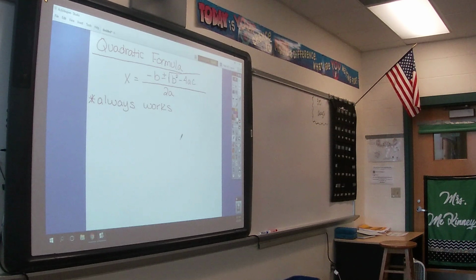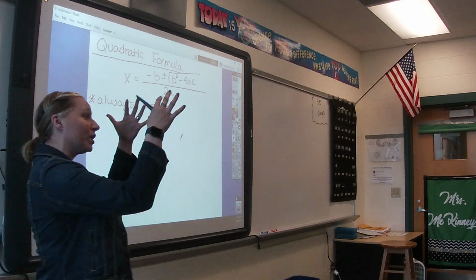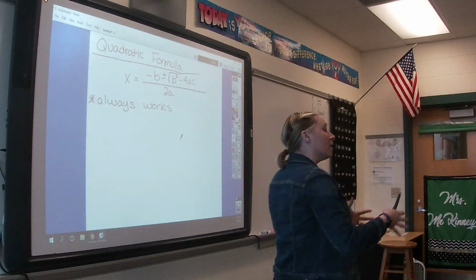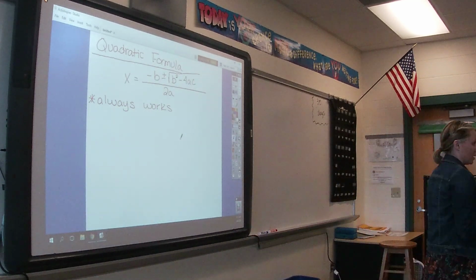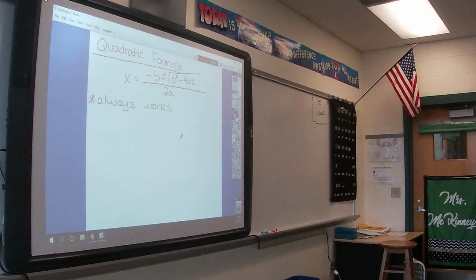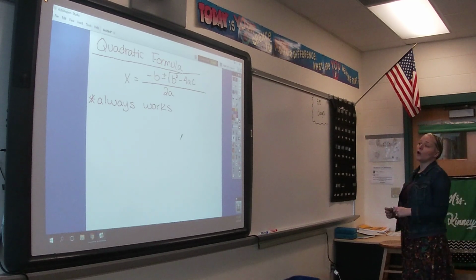Solving by graphing only works if we could visually see exactly what the intercepts were. If that intercept was 4.2731568, we were really talking about an irrational and we would have to approximate. The quadratic formula is going to work all the time.